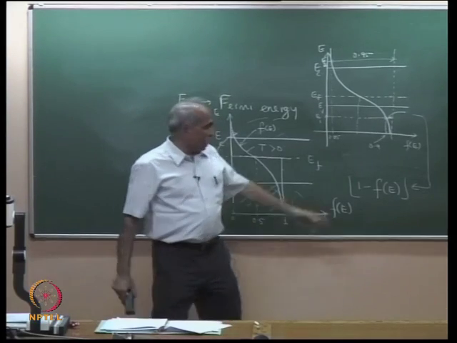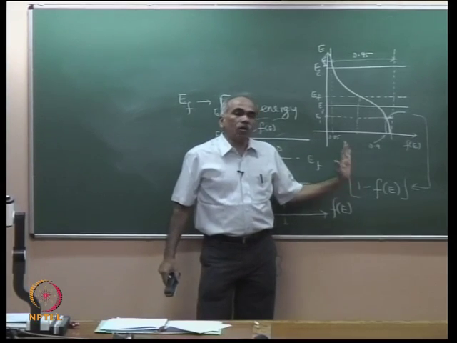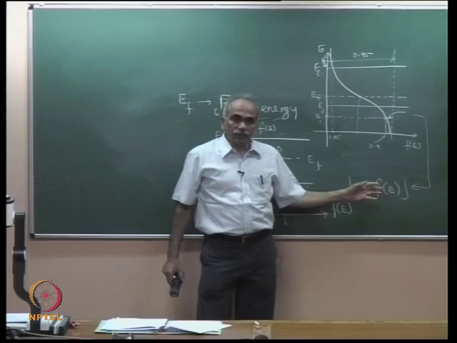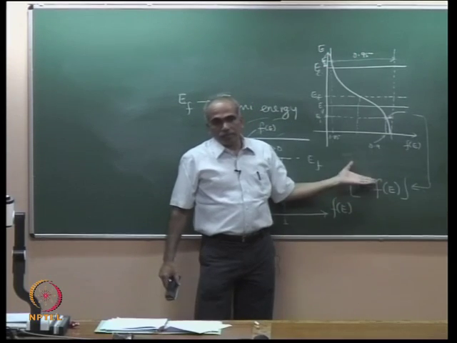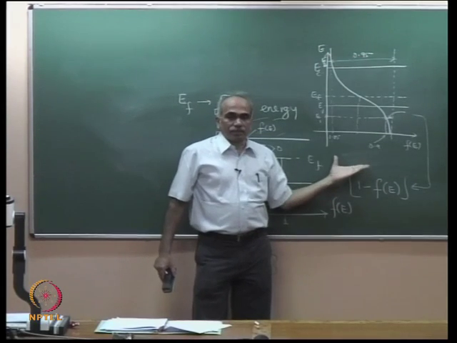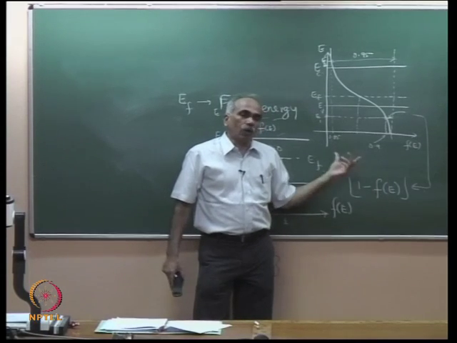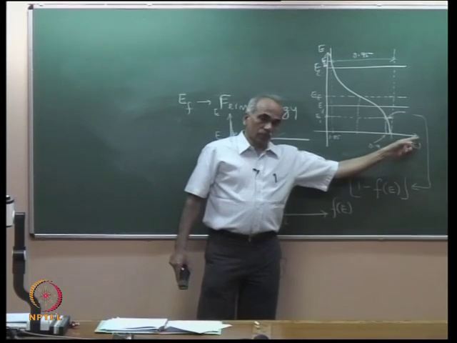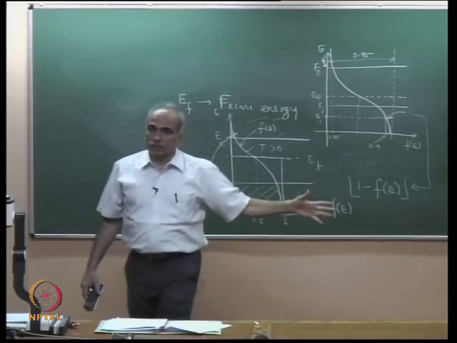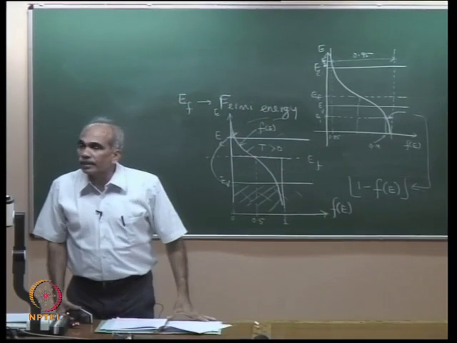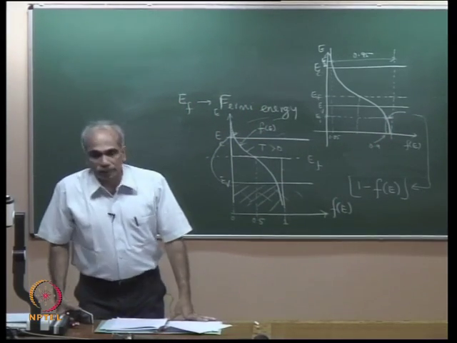So please remember, f of E is the probability of occupation of electrons, whether in the conduction band or the valence band. But 1 minus f of E is the probability of occupation of a hole if you are talking of the valence band. Otherwise, it is the probability that the state is unoccupied.